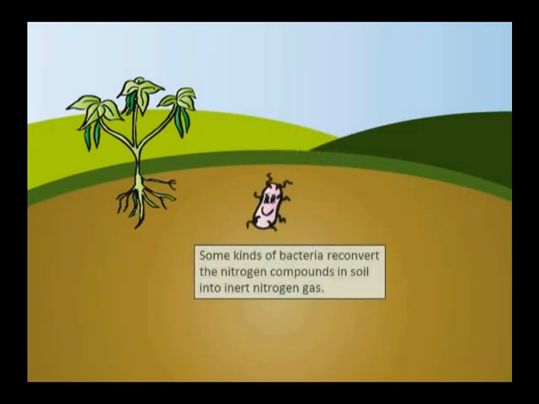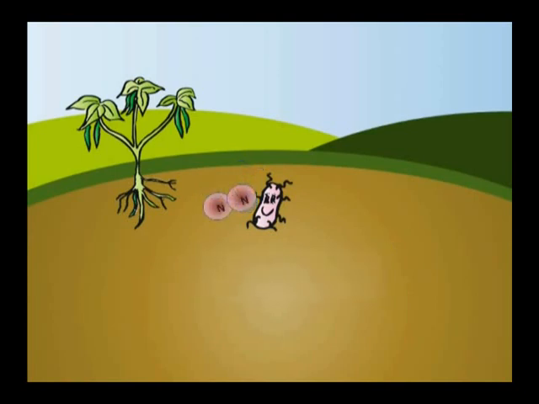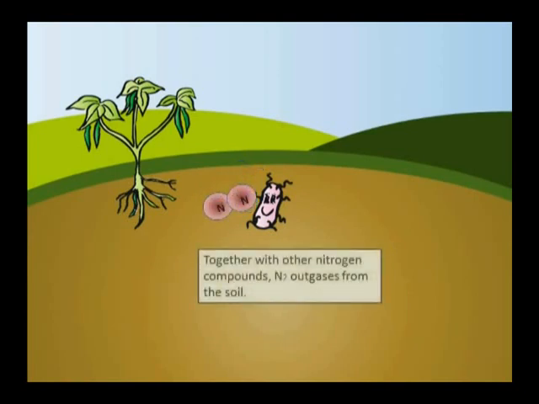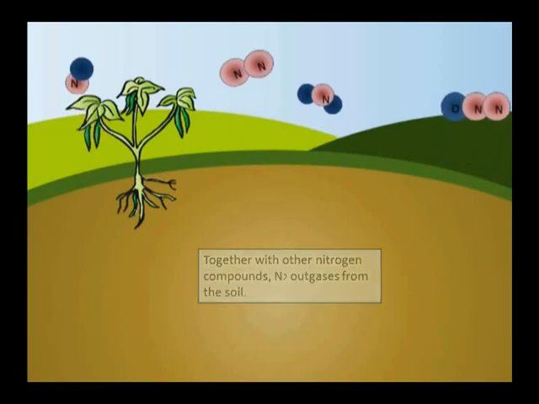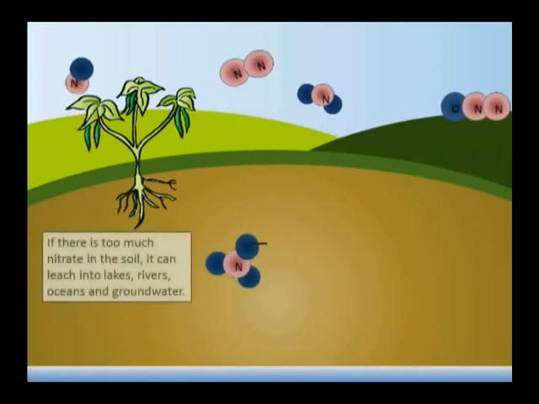Some bacteria even reconvert the nitrogen compounds to inert nitrogen gas. These, together with other nitrogen compounds, outgas from the soil. Excess nitrates and nitrites leach into the ground and into water bodies like lakes, rivers, and underground water.